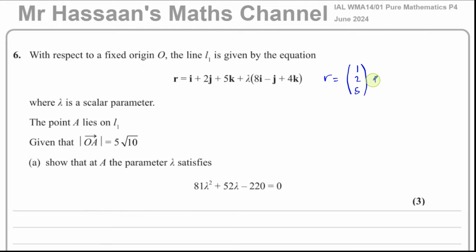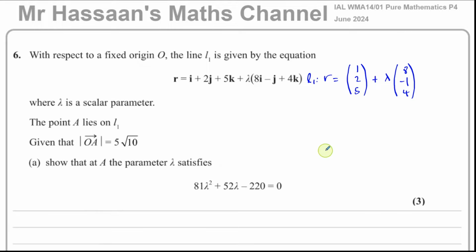Plus lambda, which is a scalar parameter, multiplied by 8i minus j plus 4k, so that's (8, minus 1, 4). I've now rewritten this vector in what is called column vector form. So that's a vector equation for line 1.